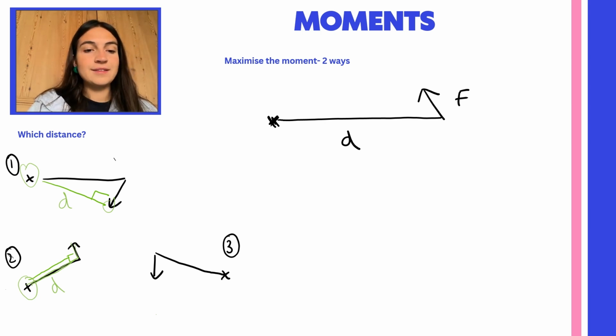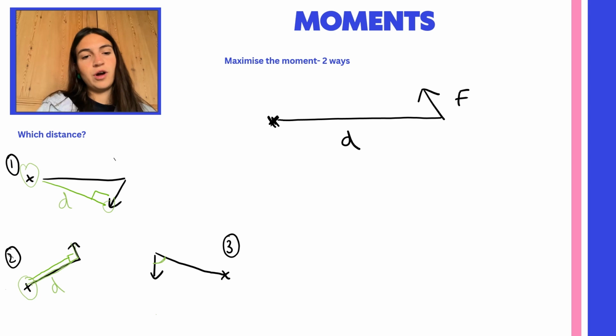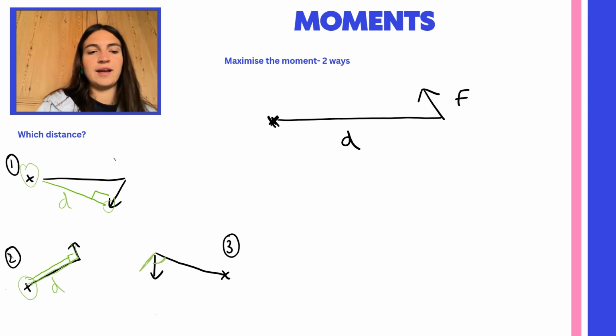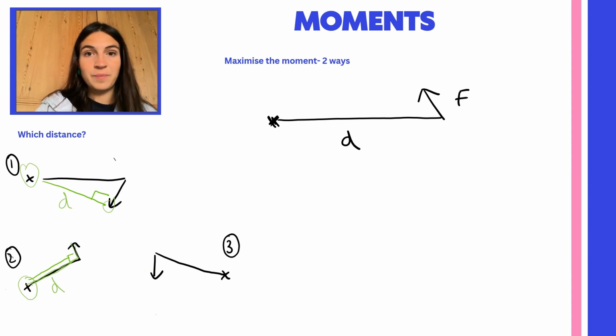And what about in 3 here? Well, let's see. Is my force perpendicular to the line? No, because if it were perpendicular, it would go along that green line that I've just drawn in there. Okay, so now let's try and find instead a line which is perpendicular to my force and goes to my pivot.